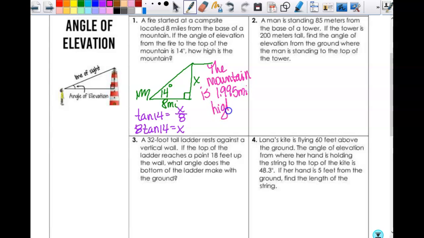Do y'all agree with that? Height. Okay, easy enough? If you can get it labeled right, you can do the work, because the work is the same work as we've done before.